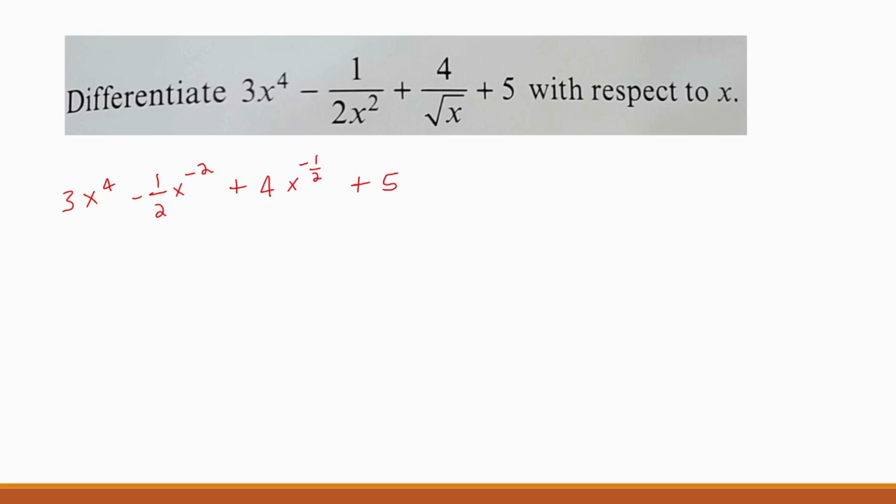Now let's begin the differentiation process. 4 into 3 is 12 x, and 4 becomes 3. Minus 1 over 2 into minus 2 will just give me plus 1, so plus 1 x raised to the power of minus 2 minus 1, which gives me minus 3. Now 4 into minus 1 over 2 will give me minus 2 x raised to the power of minus 1 over 2 minus 1, which should give me minus 3 over 2, and the constant should just give me 0.